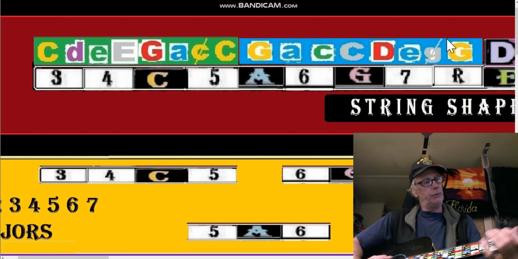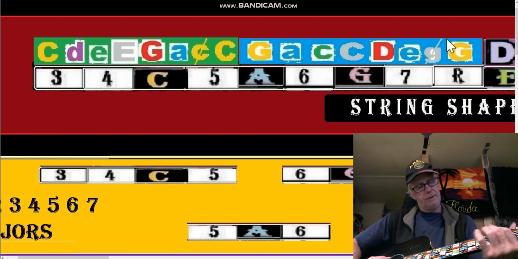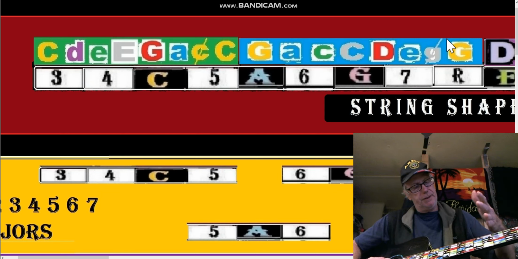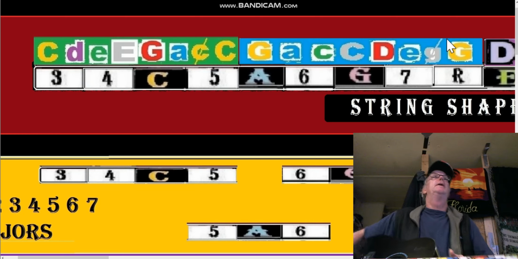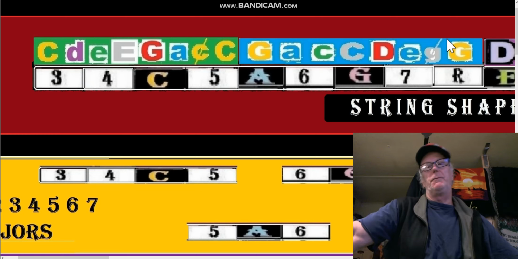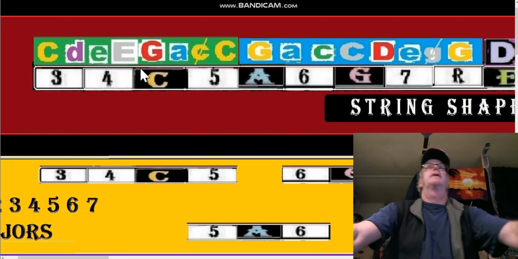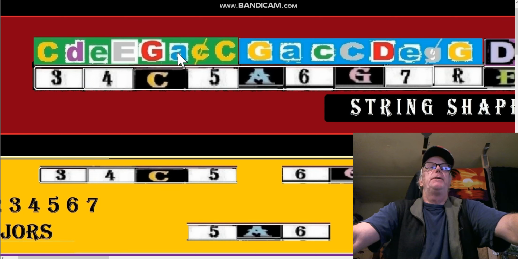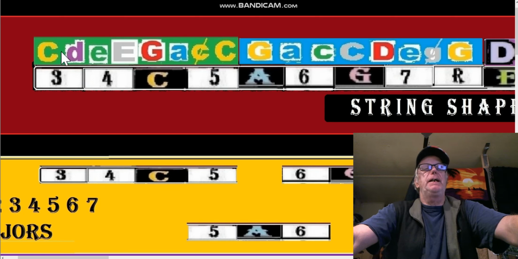We have root 3 6, because I have a C down here, so it's C E A. That's all we need for the minors: the root 3 6. With the key of C, the relative minor is A, and so playing root 3 6 in the C cage will give us the A minor on those string shapes.